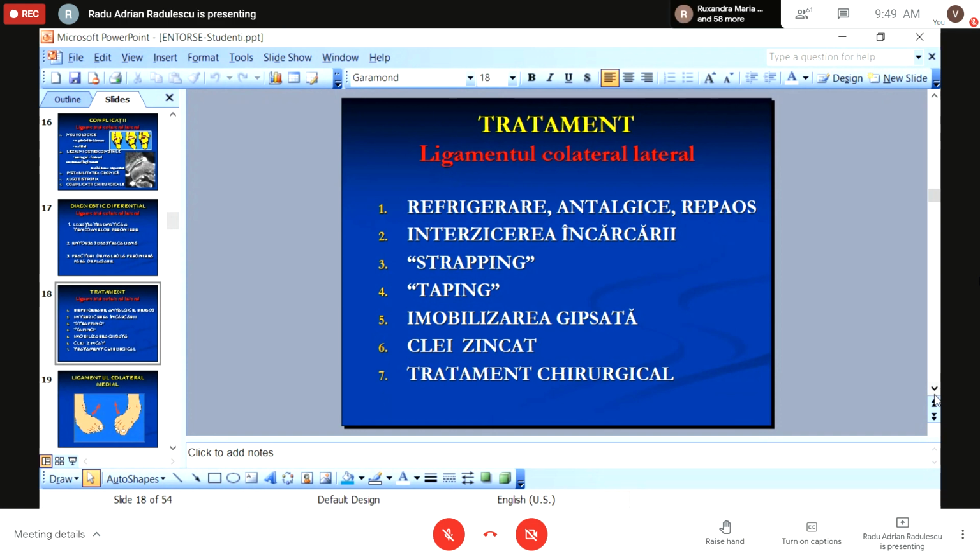With this strapping, we can allow the patient weight bearing, of course by limiting his physical activity. Of course, we also administer painkillers, anti-inflammatories, and refrigeration.